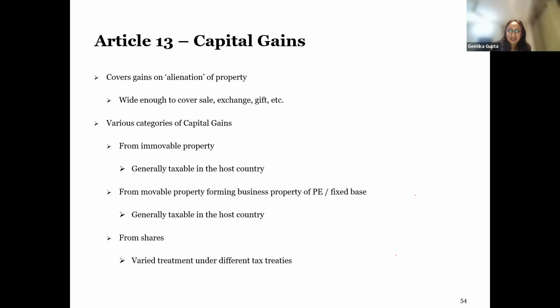There is a distinction. If you are making a payment to use a copyright, then it's royalty. But if you are making a payment to use a copyrighted article, simply, I buy a book, I'm not commercially exploiting, I'm reading that book, I'm making a payment, I've bought the book. So simply software is a copyrighted article, as held by the Supreme Court in Engineering Analysis, and hence should not be taxable as royalty for the software payments.